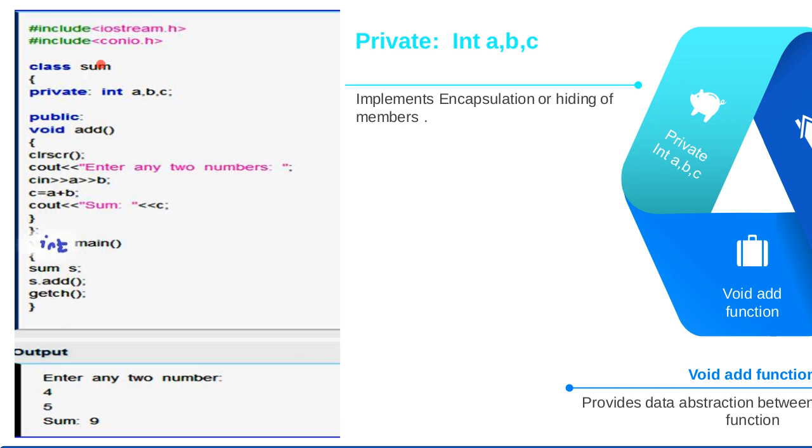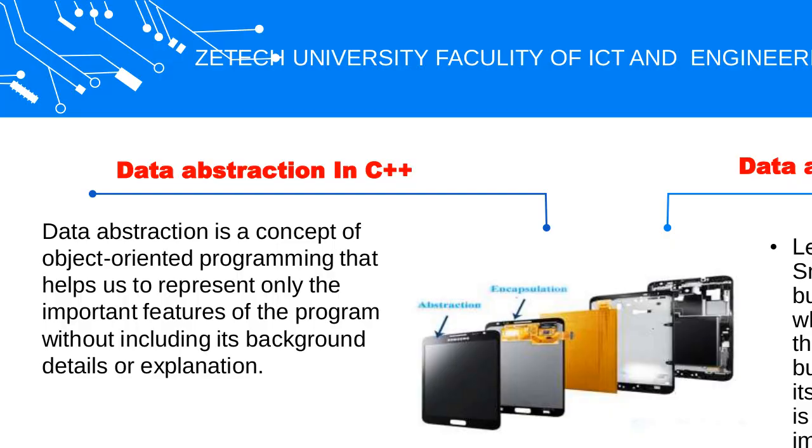So class sum is only providing void add, which is in the public, but the hidden part is not being seen because it has been declared in the private of that class sum. I believe this explanation makes sense to you. Let me go through it again.